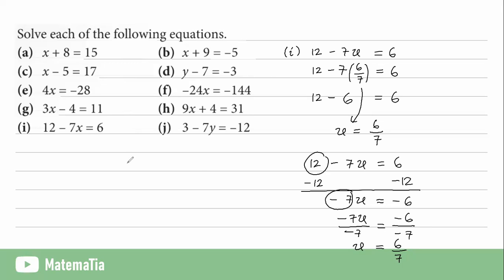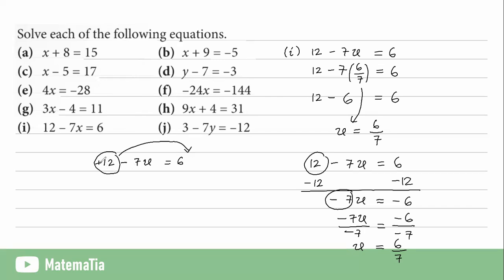And then the third method will be: 12 minus 7x is equal to 6. So here we have to get rid of this number by moving it to the right-hand side of the equation. Actually here we have a positive 12, but of course we don't need to write it because it's in the first place of the equation.